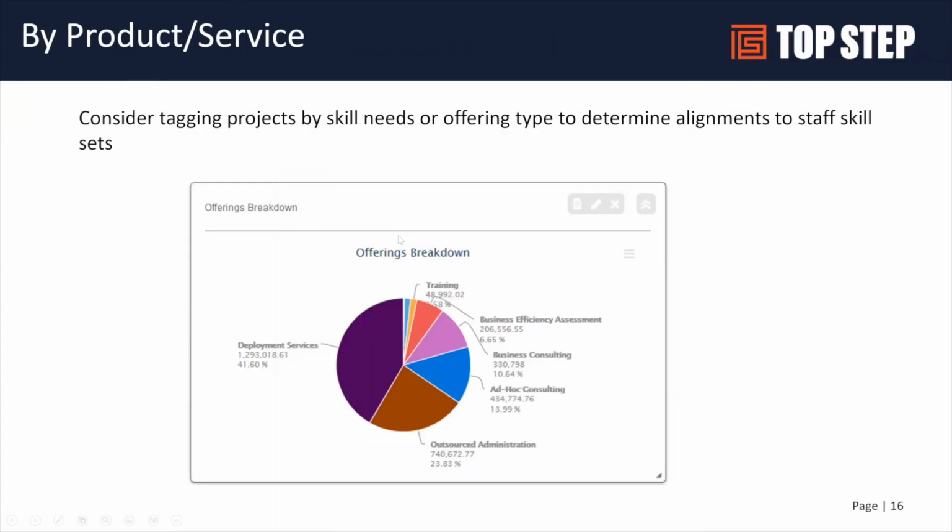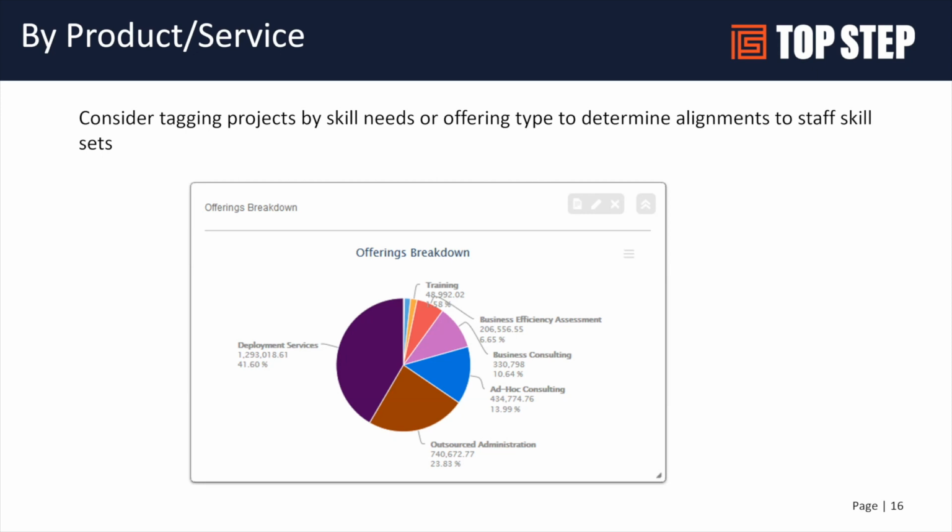And lastly, we're able to look at the types of projects that we deliver, either by offering or by service. If you embed your type of project or the product you're selling at the project level, you can go ahead and run reports by how many dollars we have in our backlog, or how much we have sold by different project offerings or different services that we sell.